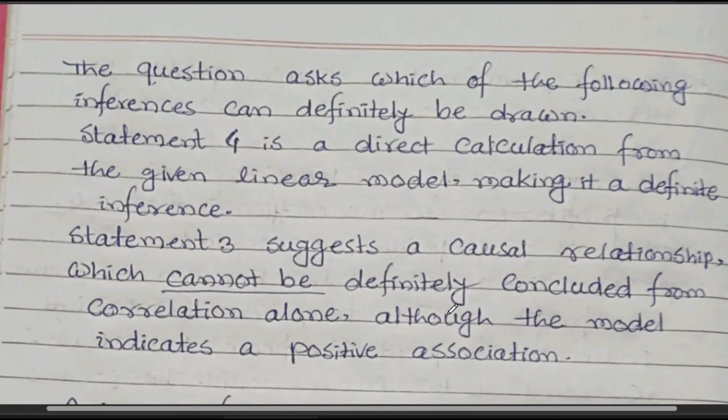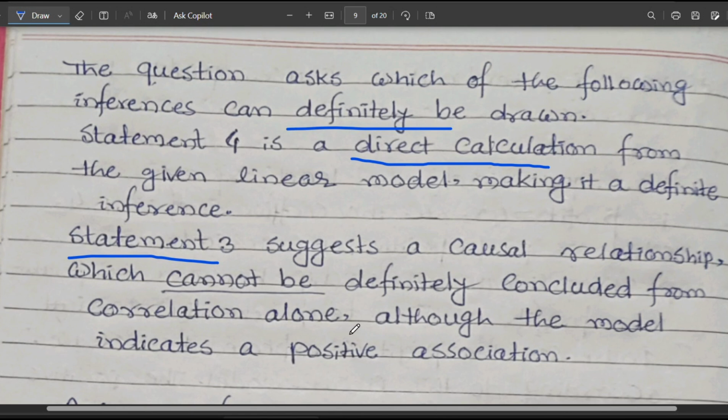So the question asks which of the following inferences can definitely be drawn. Statement 4 we get from direct calculation using the given linear model, making it a definite inference. Statement 3 suggests a causal relationship, which cannot be definitely concluded from the correlation alone, although the model indicates a positive association.